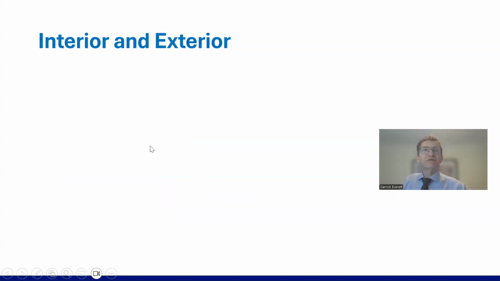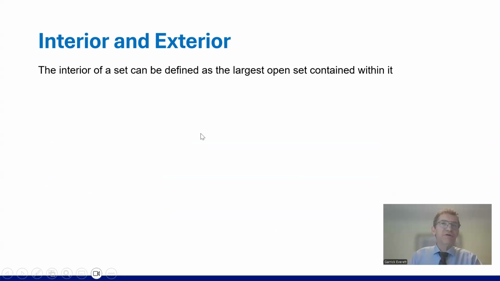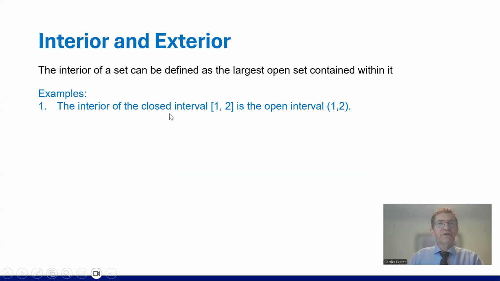Interior and exterior. So the next thing we want to look at is the interior of a set, which can be defined as the largest open set contained within it. And this is pretty obvious once we do some examples here. The interior of the closed interval [1, 2], so it includes 1 and 2, is the open interval (1, 2).